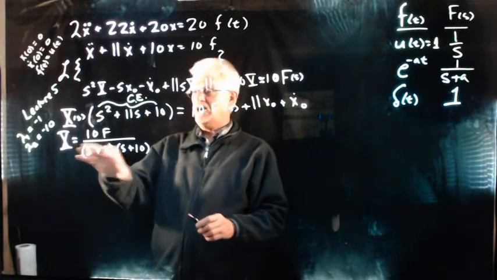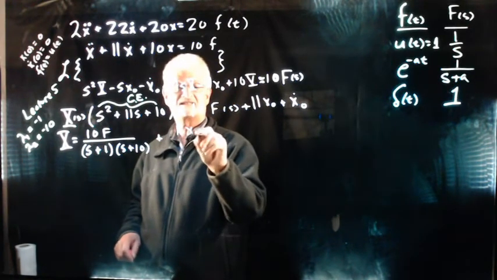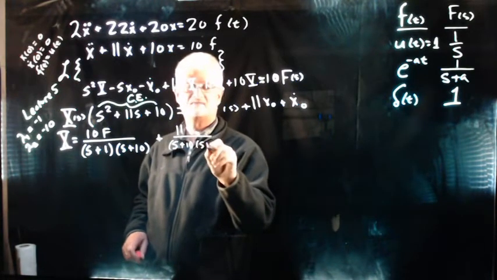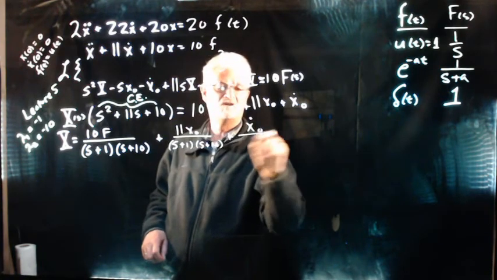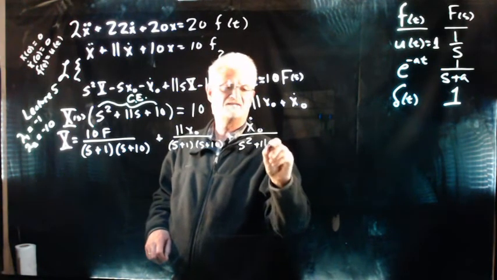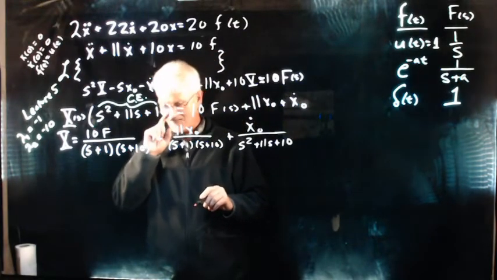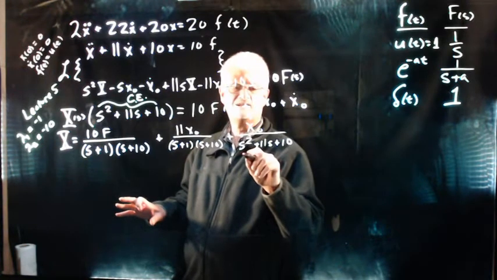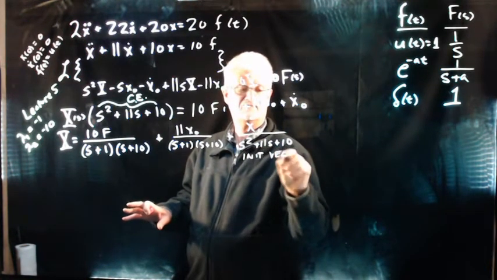And so we've got our x is equal to this, and then we can say this is 11x0 over s plus 1, s plus 10. You know, I'm going to do this one differently. x dot 0 over s squared plus 11s plus 10. So either way I can do it. And what I want to emphasize is this is the response due to the initial velocity.